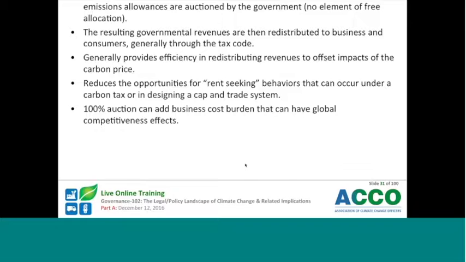The resulting revenues from these systems can also be redistributed to businesses and consumers, particularly those that may get pushed into the market less competitive because of it. It also provides a little more ease in the redistribution of revenues to offset the impacts of the carbon price. It reduces the opportunities for behaviors that are kind of undesirable that might occur in a cap and trade system.